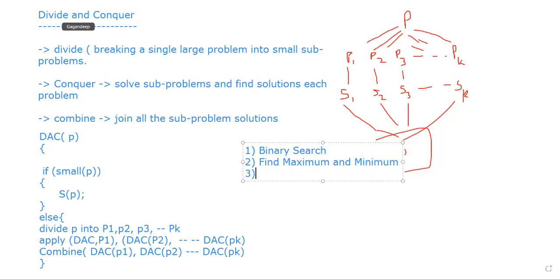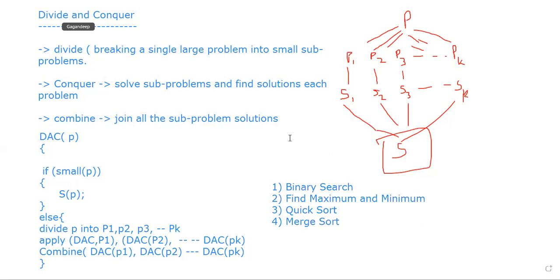The third one is quick sort, and the fourth one is merge sort. There are some more, like matrix multiplication. So these are the general problems that come under the divide and conquer approach.